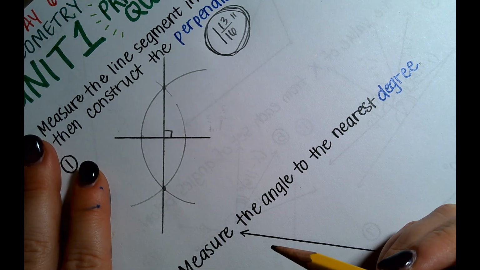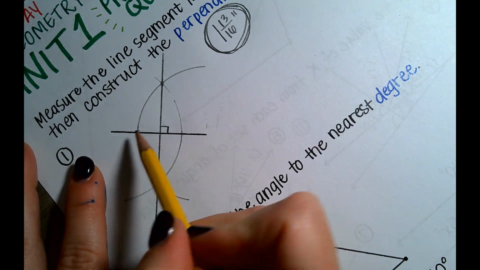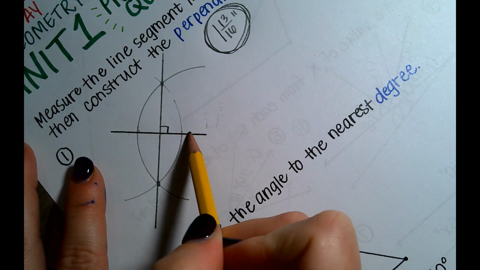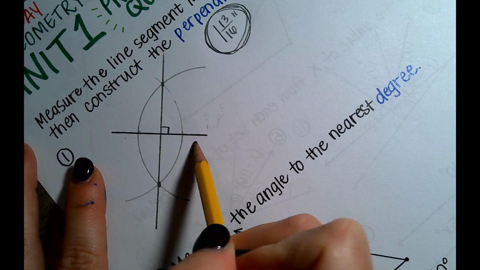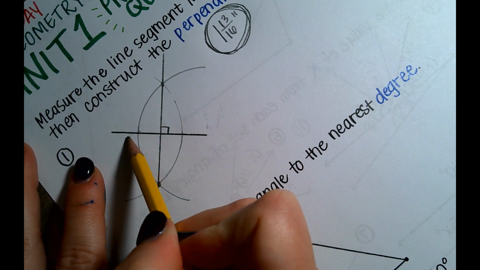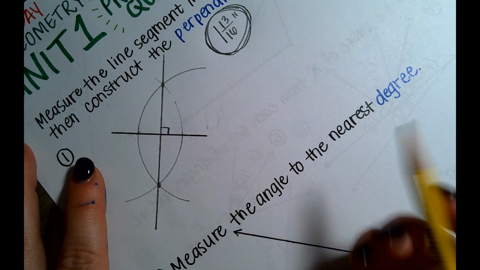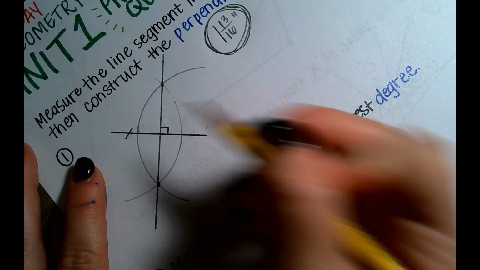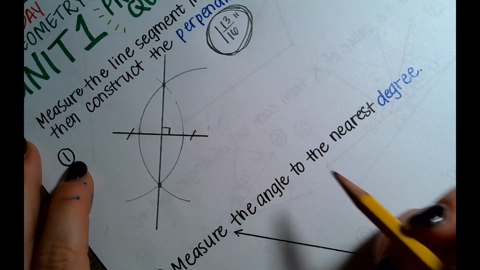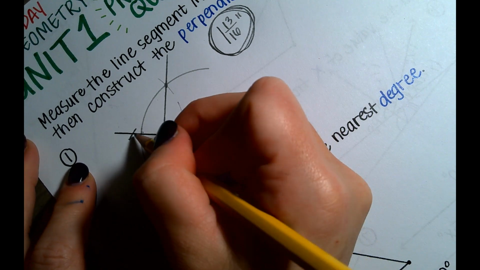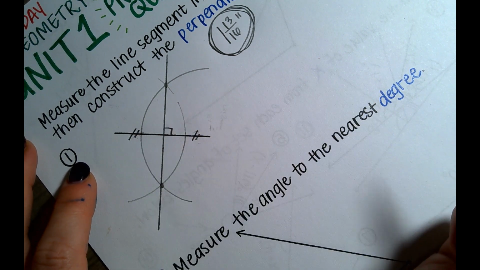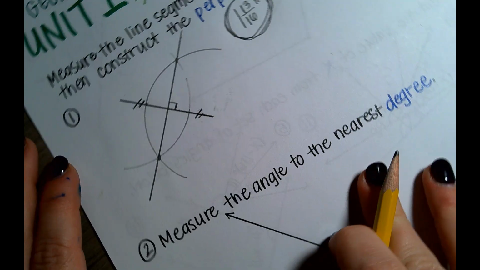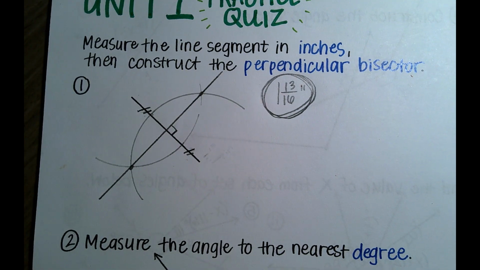And there's one more thing we need. We need to show that it is a bisector, that it split this in half perfectly. So we need to mark both of these new segments as equal. And we can do that with these little tick marks. 1 on each, or you could do 2 on each if you just think that looks cooler. And then you're done.